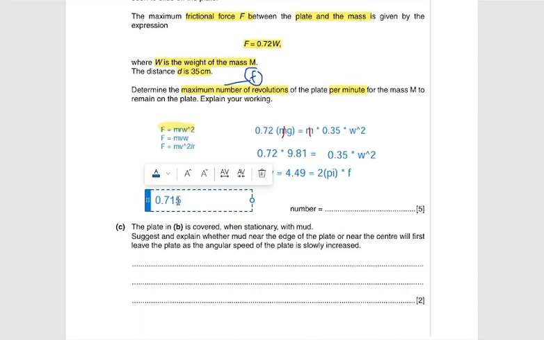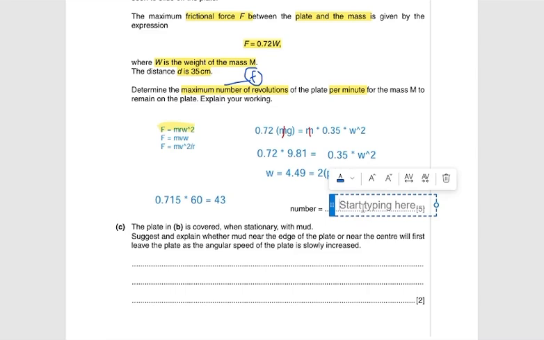I need to multiply this with 60 so that I can get it into per minute, because this is per second. So you get 42.8, which you can write as 43, and so your final answer is 43 per minute.